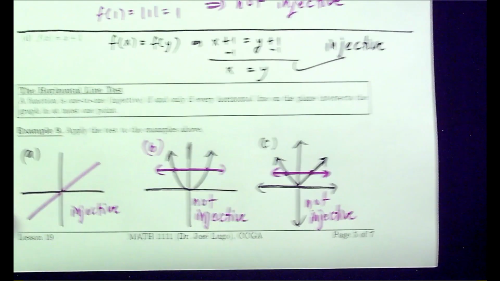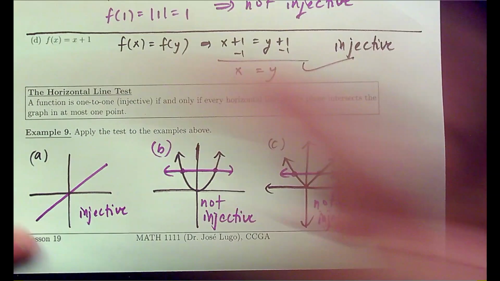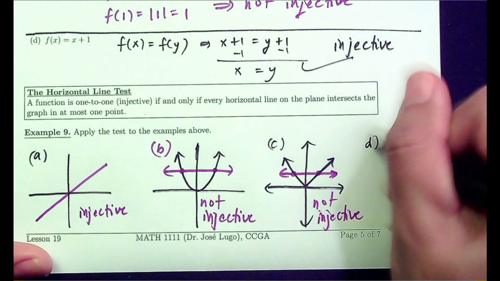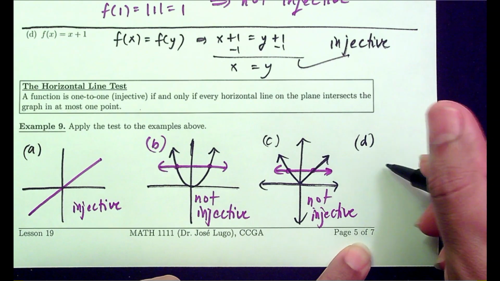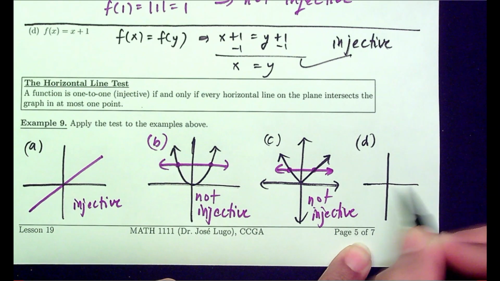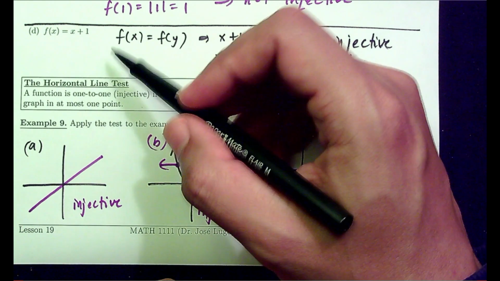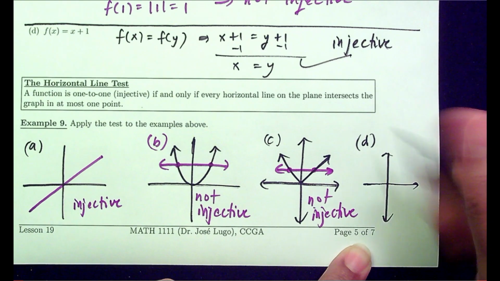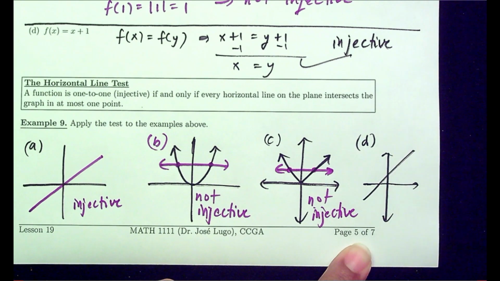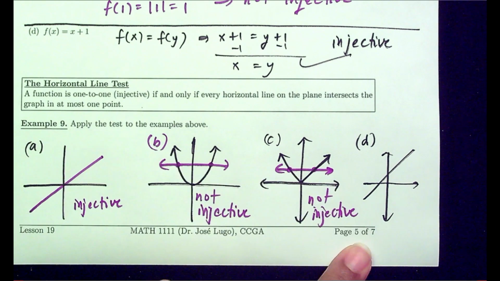And lastly, what is the graph of that? That is another line that rises just like A. It is actually shifted up by 1. So if you want to be accurate, it is like this one shifted up by 1.